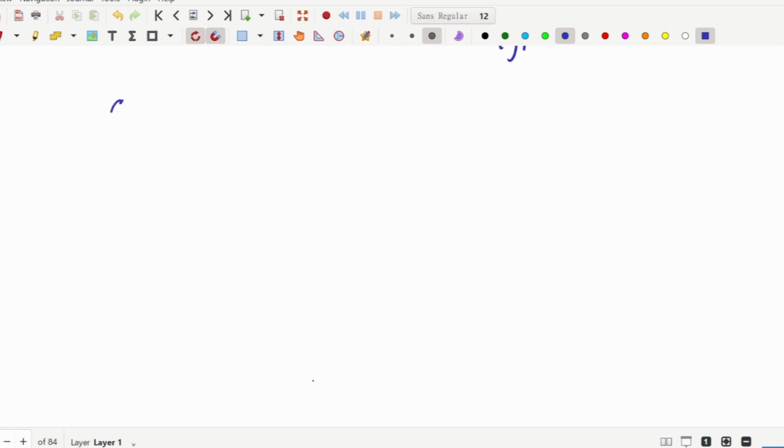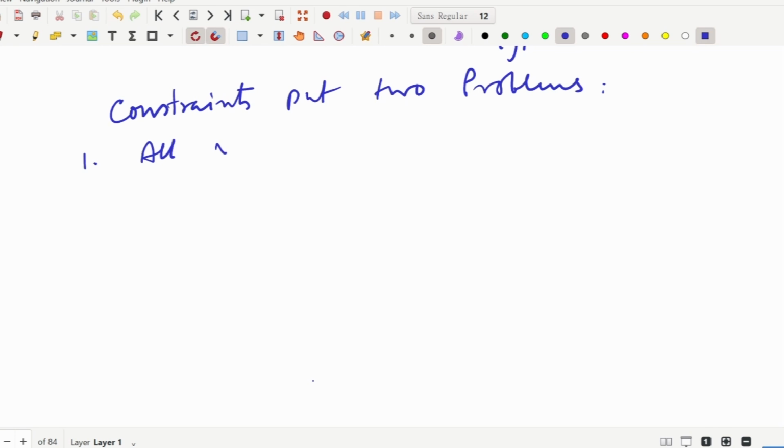So constraints put, or create, two problems. The first one is that all variables are not independent. So one has to be careful. Some of the variables are dependent, some of them are not.